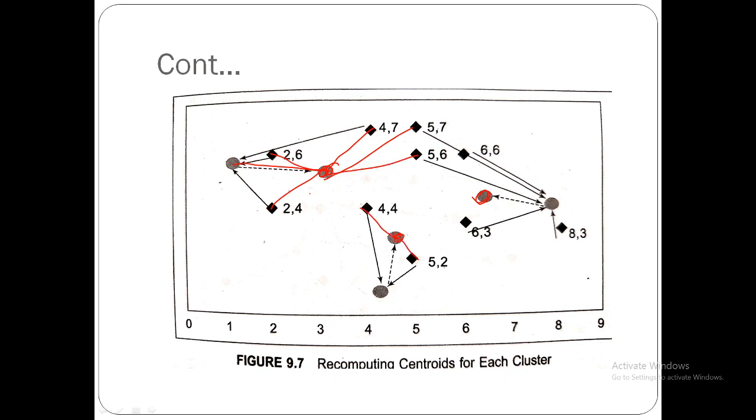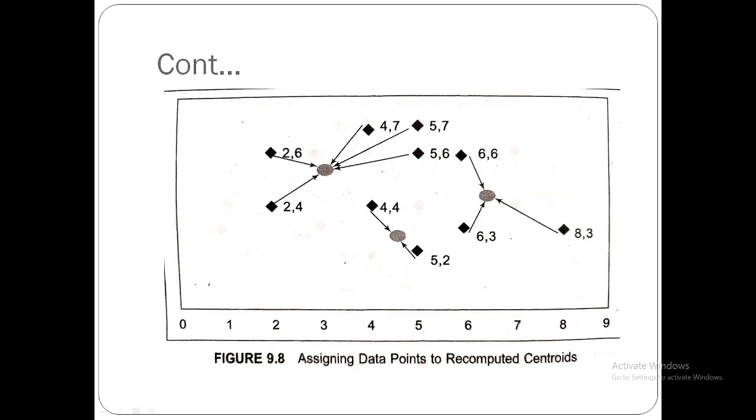Here it is 6, 3 and 6, 6 is nearer to this one. Here we got the new centroid. Once again we are going to find the clusters. See, like this we have found them.